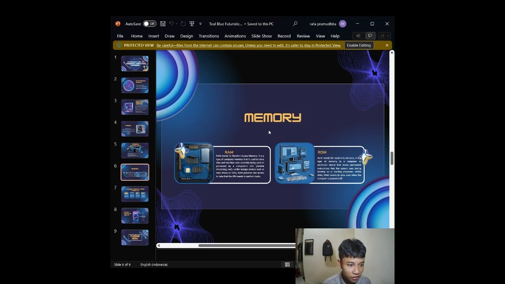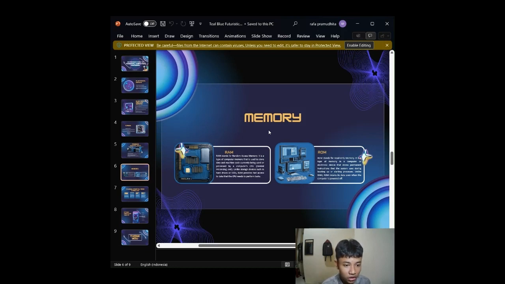Unlike storage devices such as hard drives or SSDs, RAM provides fast access to data that the CPU needs to perform tasks.